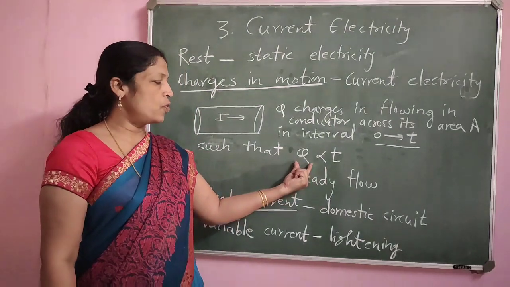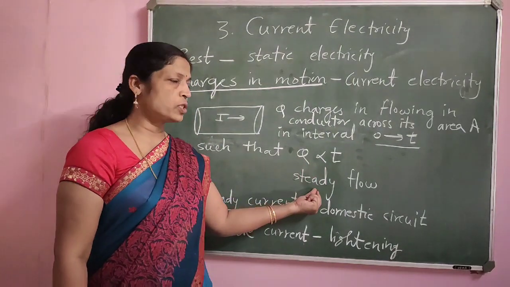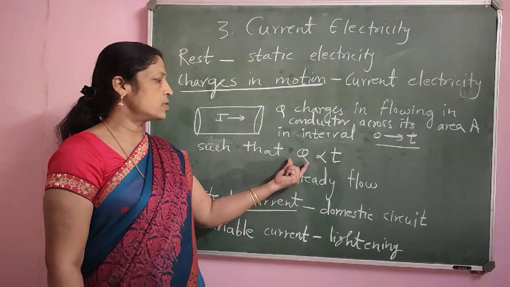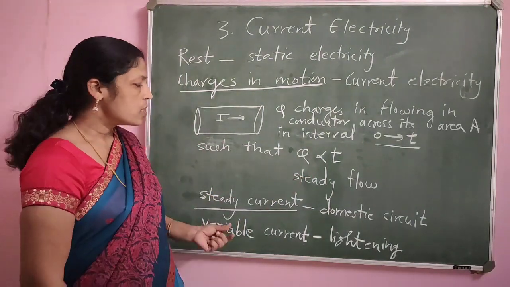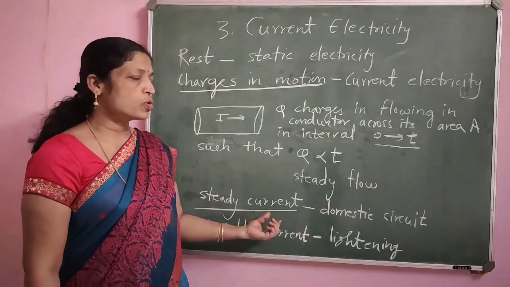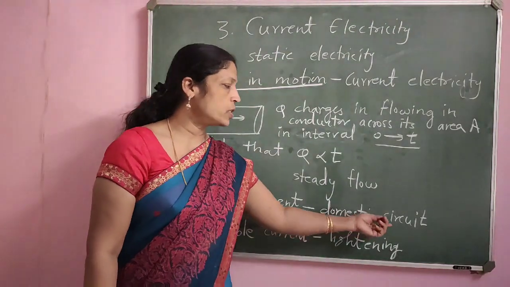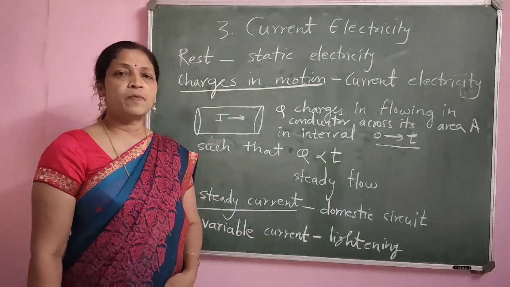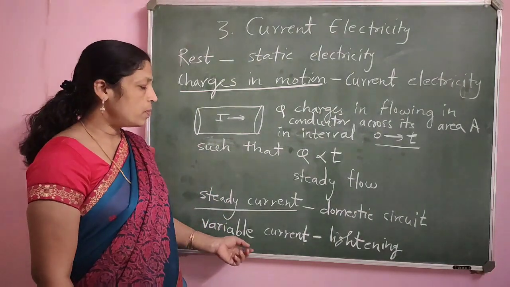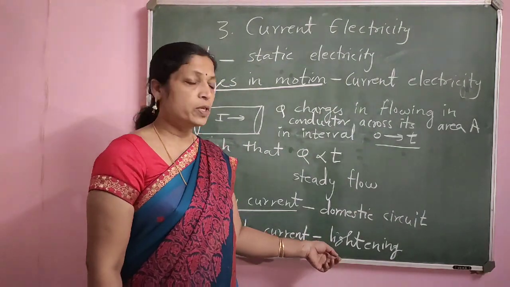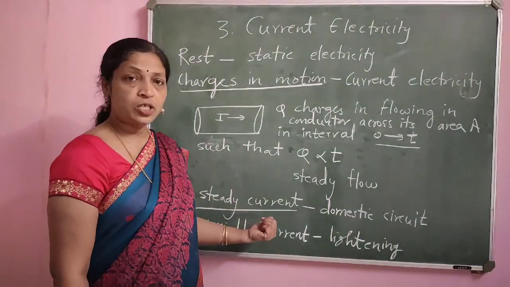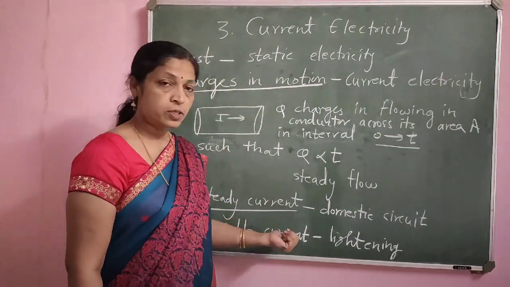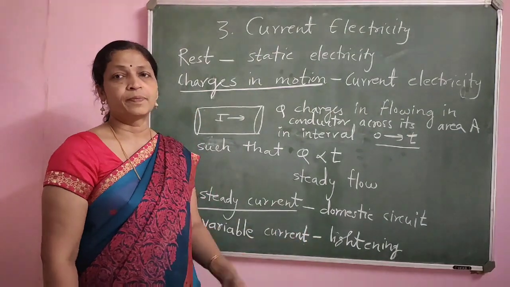This type of flow of charges is called steady flow, or we can say that the charges have constant velocity. The steady current most of the time we see in a domestic circuit, it is 2 ampere, 5 ampere, and variable current we will see most of the time in lightning. Steady currents are what we are talking about in this chapter most of the time.